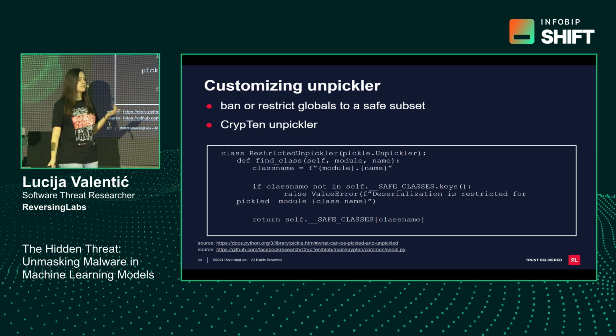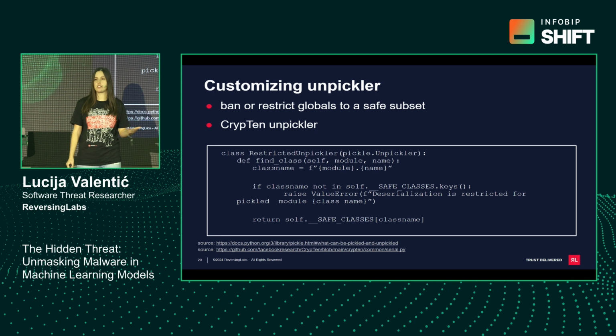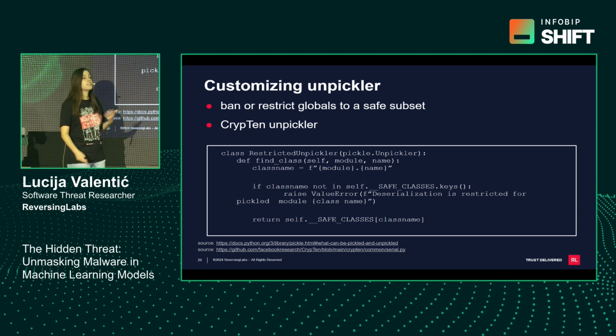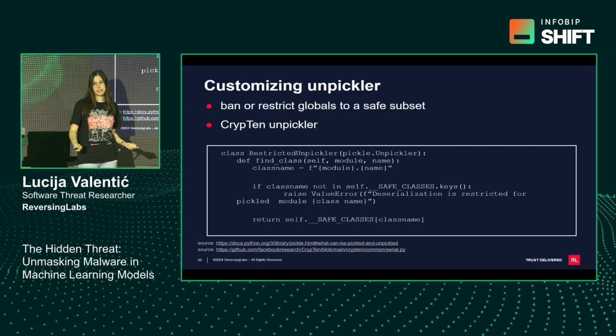The find_class function is called in the process of unpickling whenever some global is requested. So if you override the function find_class, you customize it, you can ban globals that can be requested, or at least restrict them to a safer set.